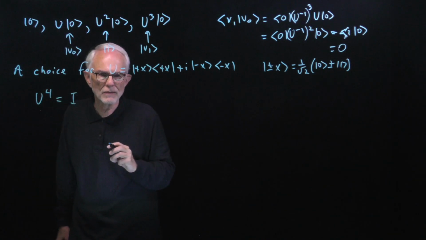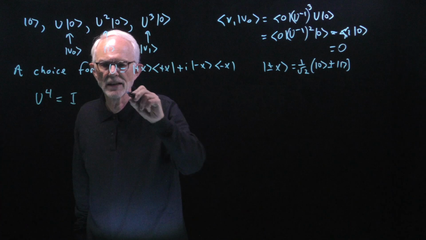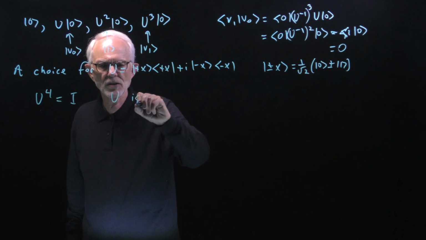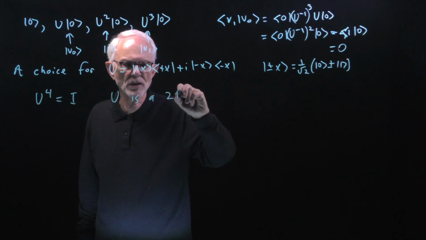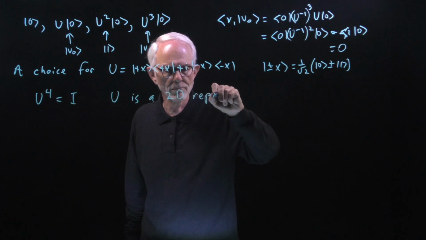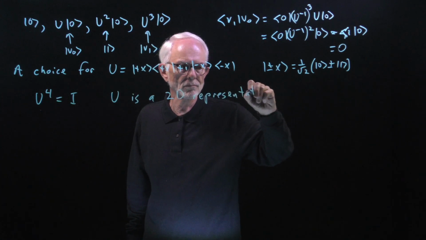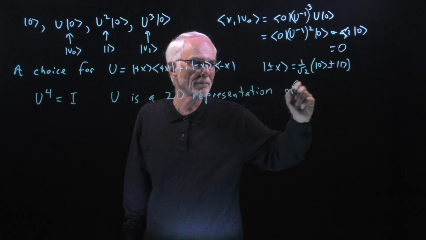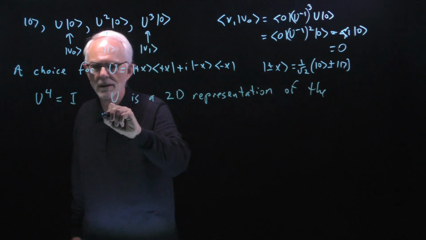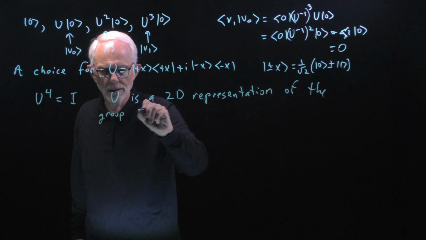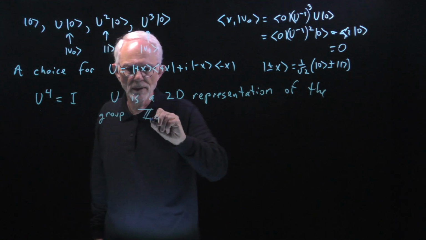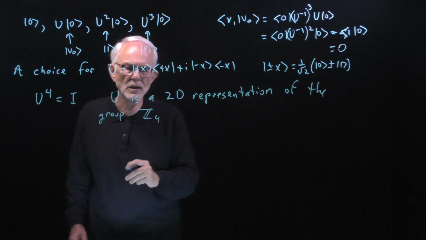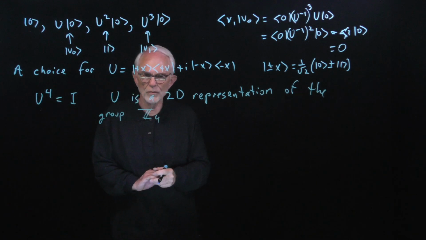So just to mention, that means that U is a two-dimensional representation of the group Z4. Z4 is addition mod 4.